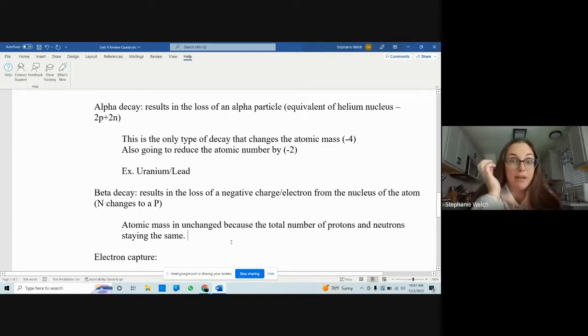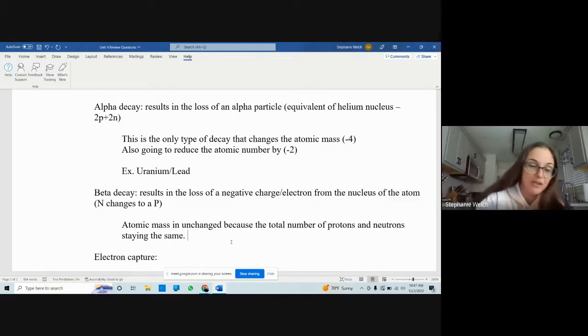I've taught this so many years, but every time I teach it, I almost have to relearn it myself. So your neutron's changing into a proton. This is because you're losing a negative charge. I had it right the first time. Okay, I'm losing all trust, I'm sure.